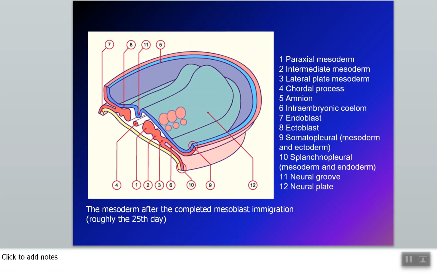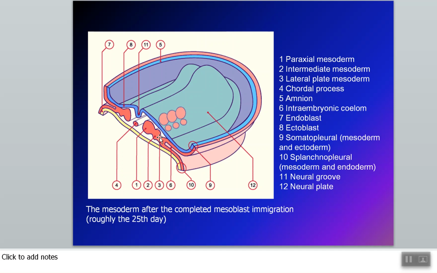Finally, in the third week, you can see that the embryo has three germ layers. The blue color is ectoderm, the yellow color is definitive endoderm, the red color is intraembryonic mesoderm, and here is the notochord.